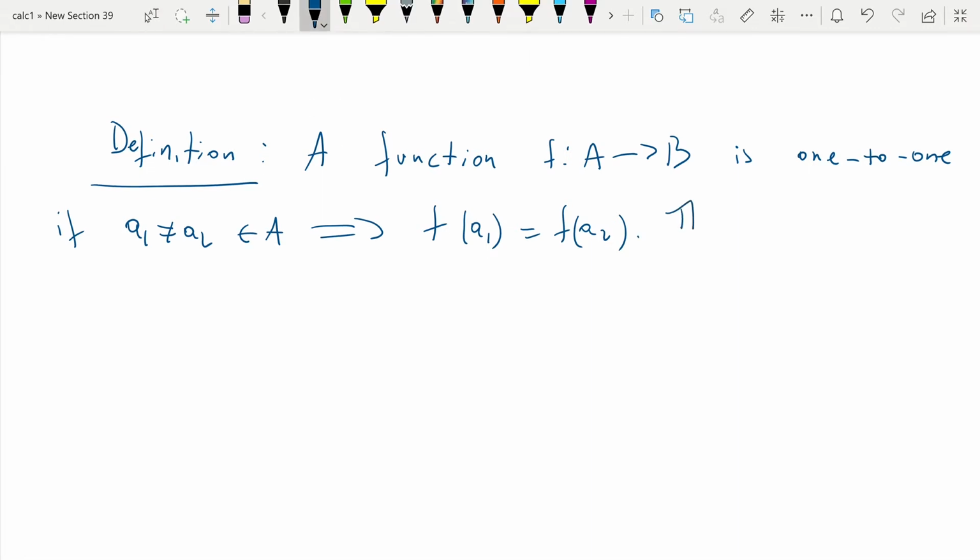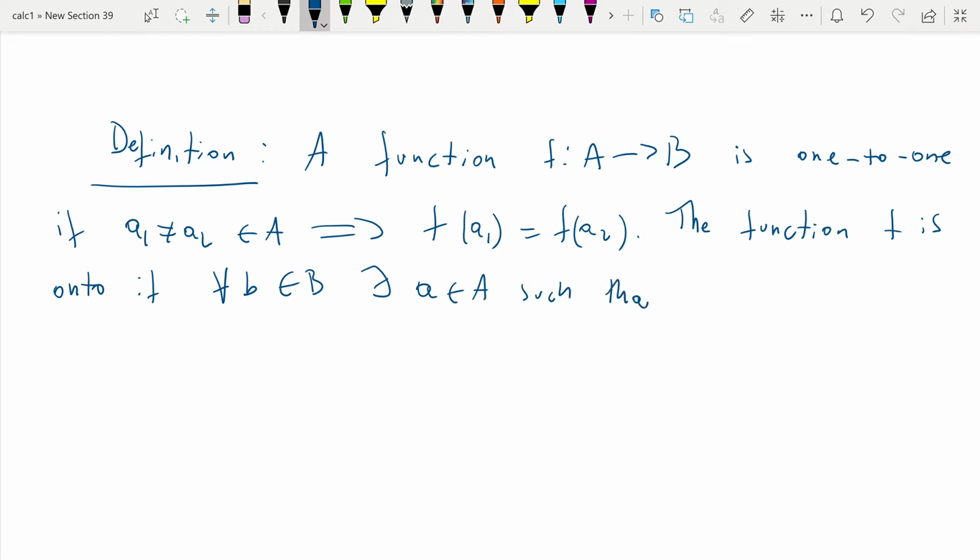And also, the function f is onto if for all b in B there exists an a element of A such that f of a is equal to b.